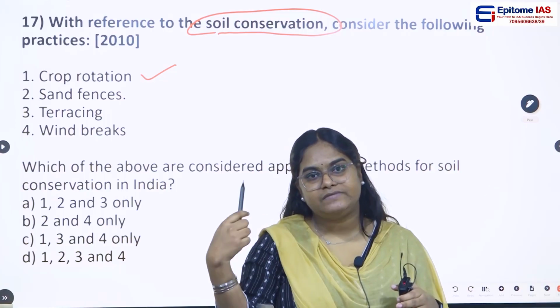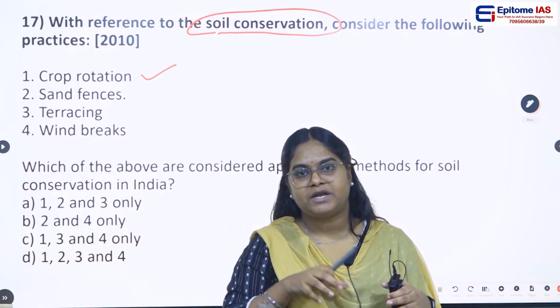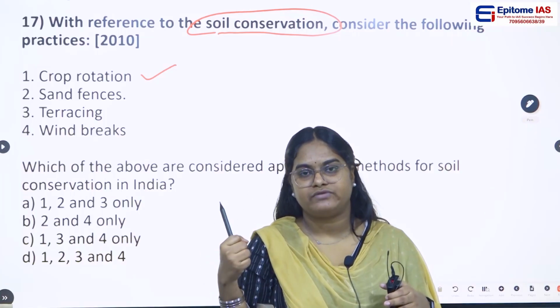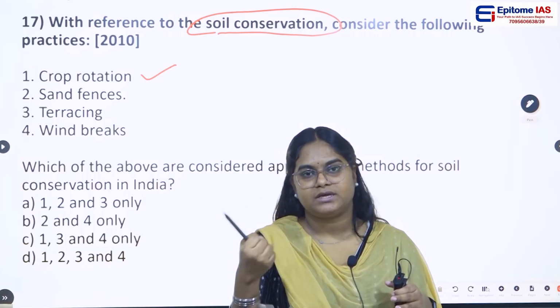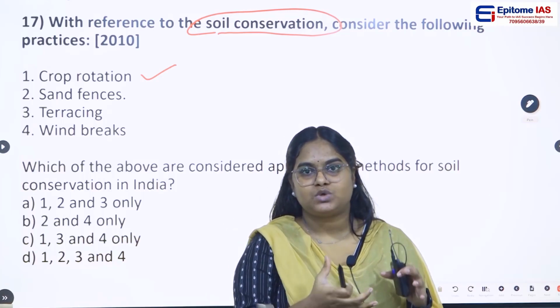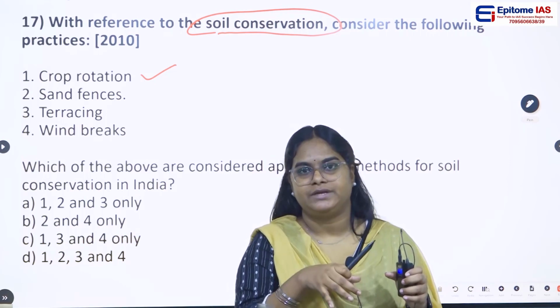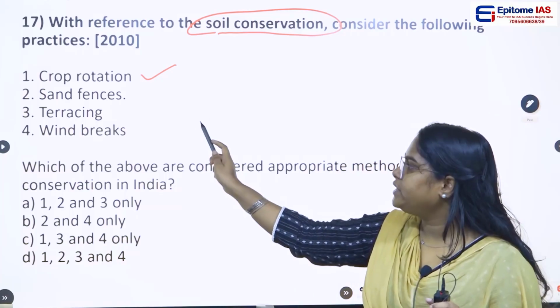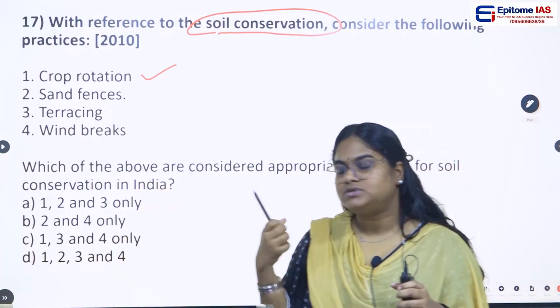If I am cultivating the same crops again and again, those particular crops need some sort of nutrients. Those same nutrients are consumed again and again. After a point, this soil will be deficient of that particular nutrient. So this crop rotation will actually help in the preservation of the soil.